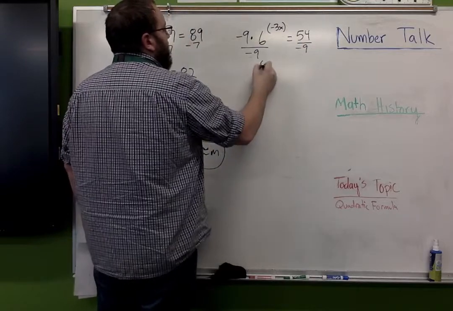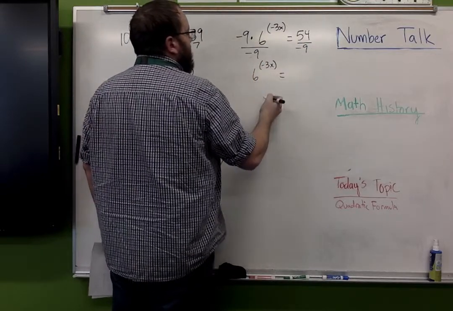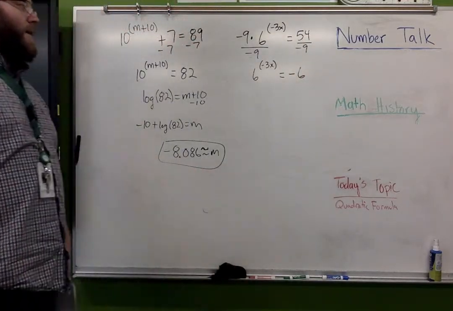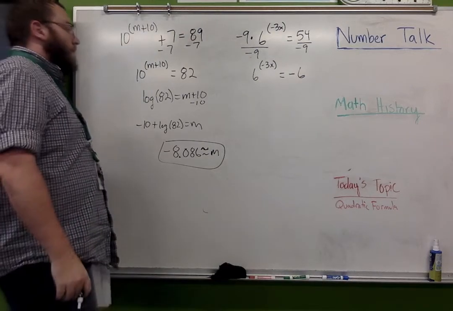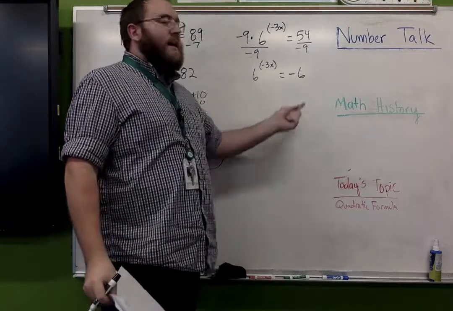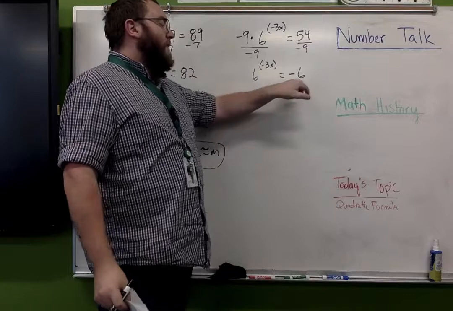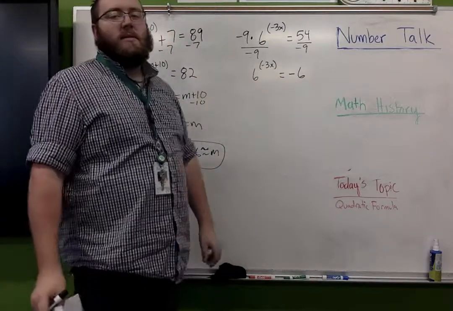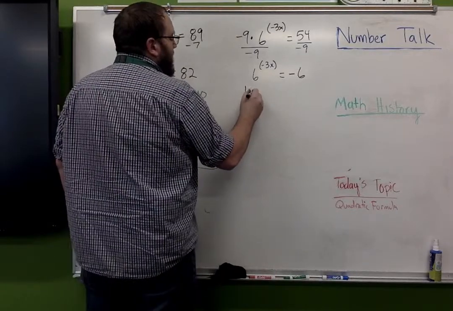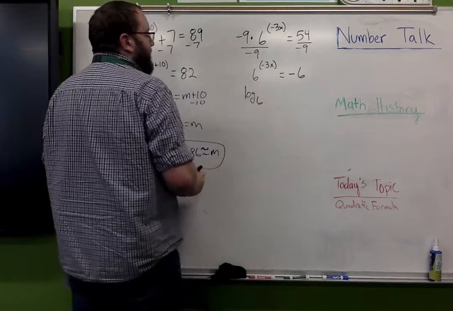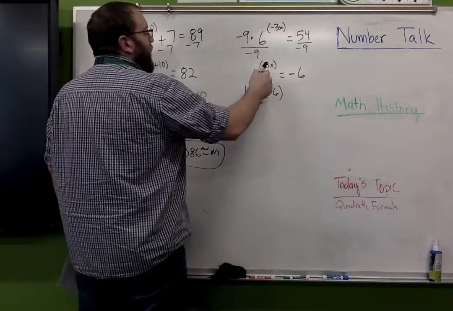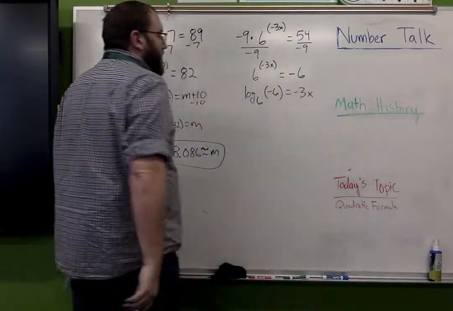So 6 to the negative 3x power is equal to negative 6, right? 54 divided by negative 9 is negative 6. Now these bases are not the same. This is positive 6, this is negative 6. And using exponents, we can't get negative 6 to look like positive 6. So we're going to convert. The base of our logarithm is the base of our exponent. Base stays the same. What was outside of your function is now inside. What was inside is now outside.